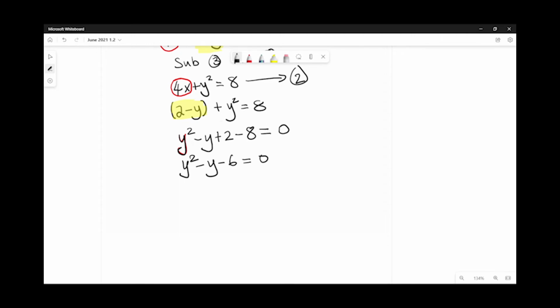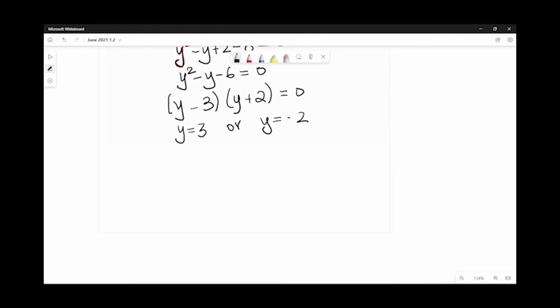And you can factorize that by having 2 brackets equate to 0, y. The two factors of 6 are 3 and 2. The bigger one is going to be negative, this is going to be plus. And then y is equals to 3 or y is equals to negative 2, right?